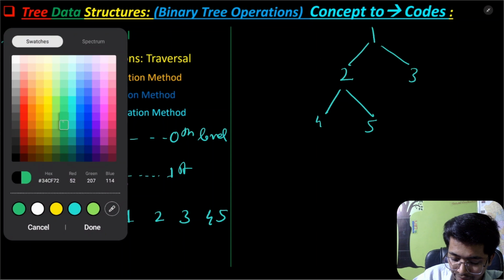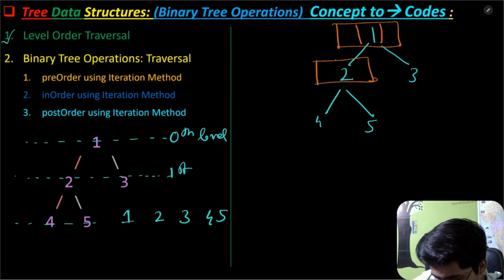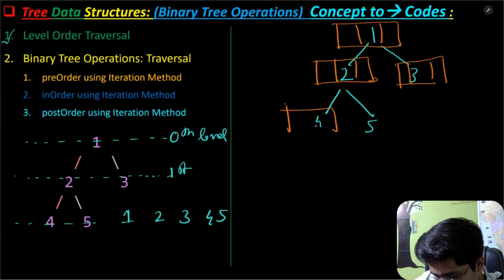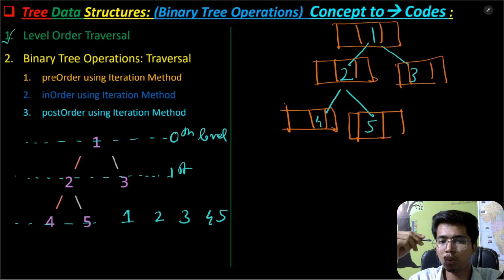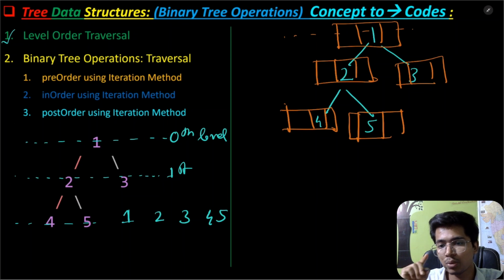The real representation is something like this: this is the node, and this is 1, this is 2, this is 3, and this is 4, and that's 5. Our main motto is that we want to traverse like this. For that type of traversal we can simply use a queue.